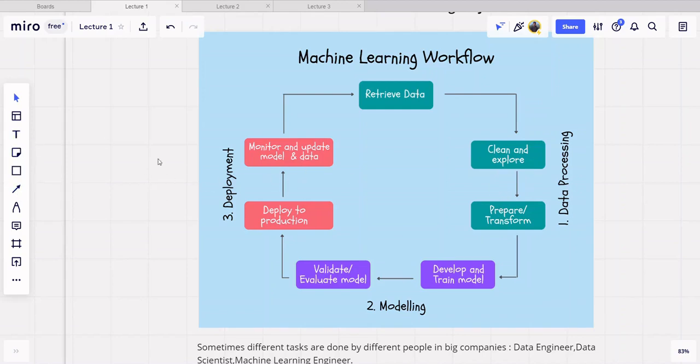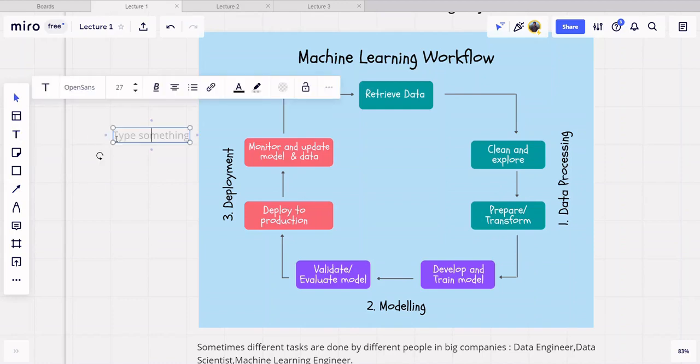We split the data into train and test set.